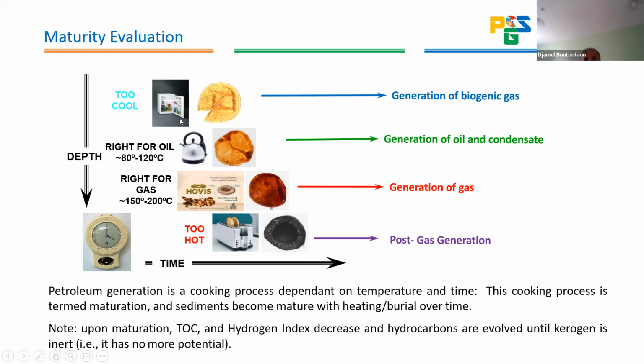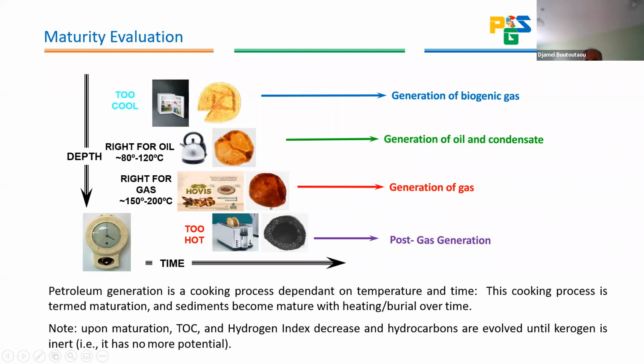So a source rock can be immature, and then when you reach the oil window, which is around 80 to 120 degrees Celsius, you generate oil and condensate, and then you pass that stage. You enter the gas window around 150 to 200 degrees Celsius, you generate gas, and then if you pass that stage, your source rock is post-mature, so you are in post-gas maturity. It's already cooked, it's already done the job, it already generated oil, condensate, and gas.